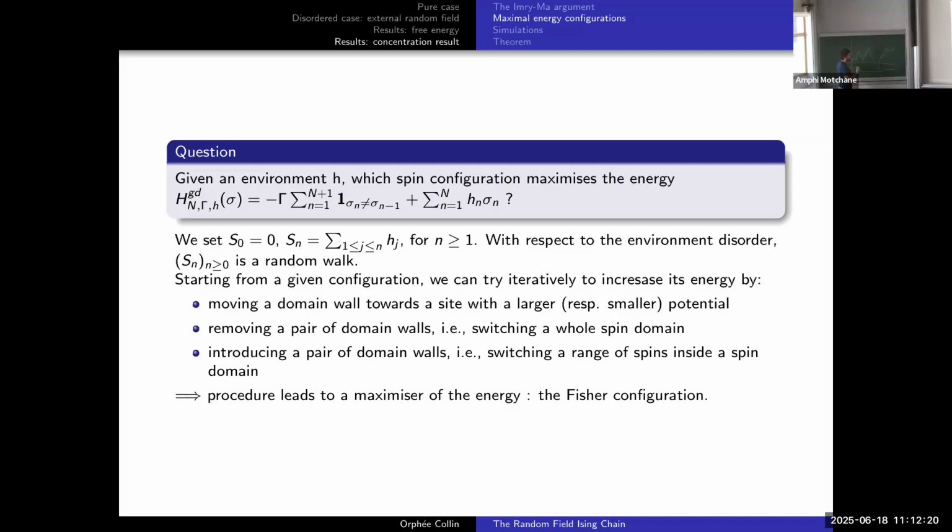You can try to increase the energy by, for example, moving a wall around. You can move this wall from here to there, so like this. Then instead of having this energy difference negatively, you have it positively, so you gain some energy.